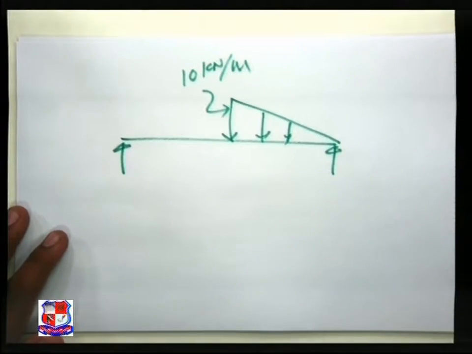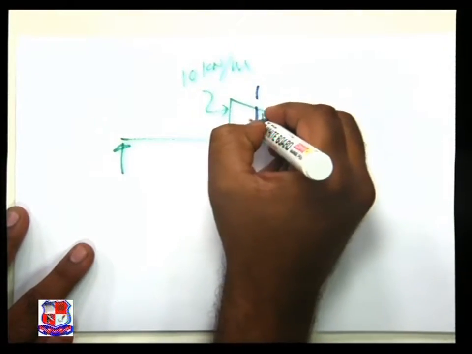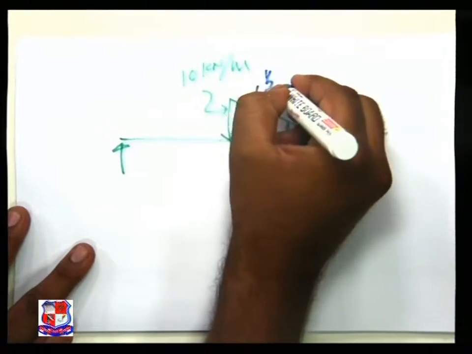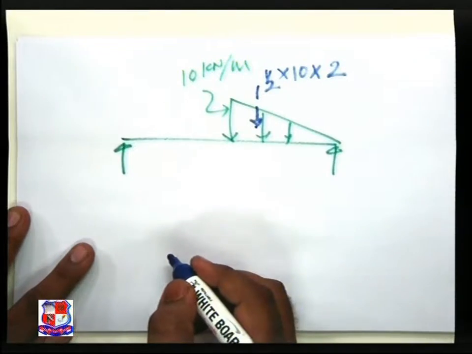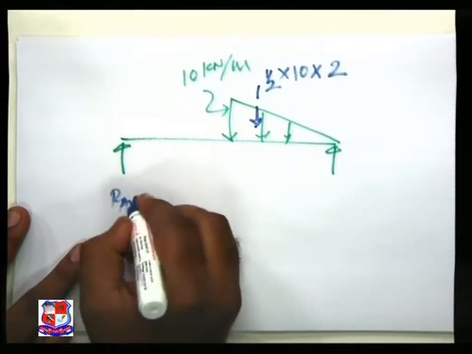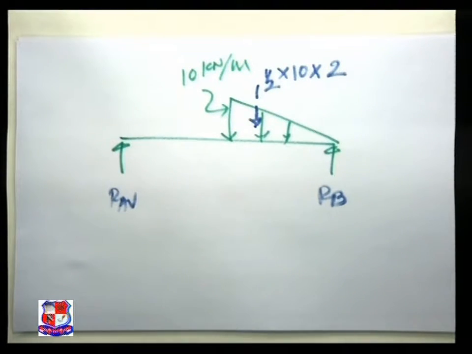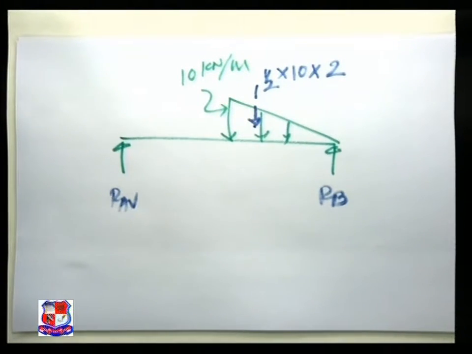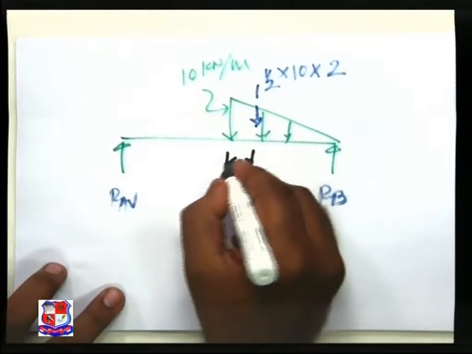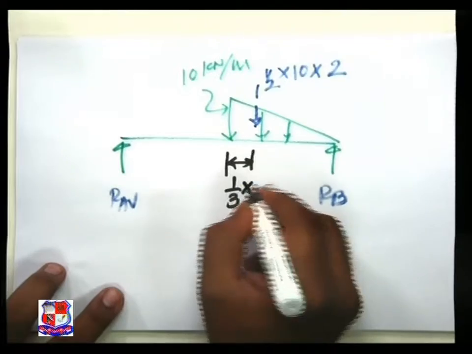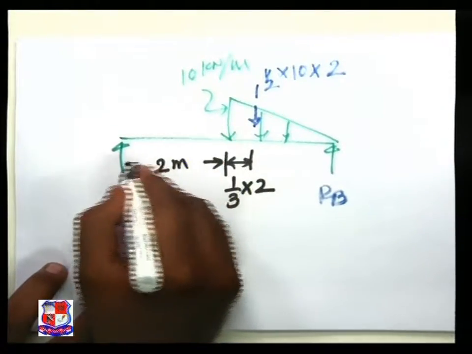As the CG is over here, the equivalent point load is half into 10 into 2. This is my RAV, RB. This distance is 1/3 of 2. This is 2 meter which is given to us.